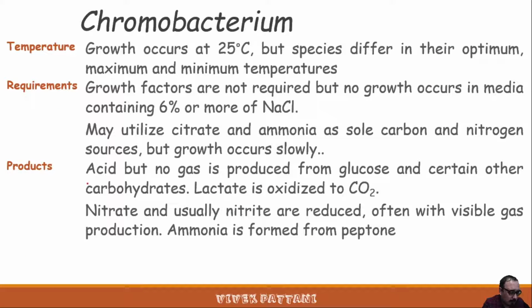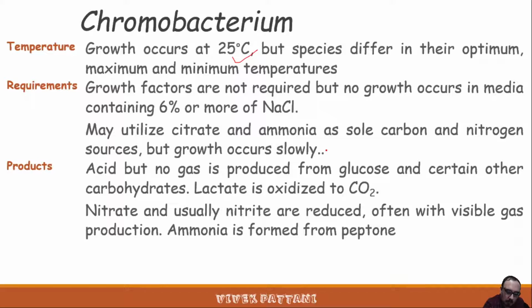Temperature requirement is around 25 degrees Celsius, but different species have their own optima, maximum and minimum temperature requirements. Growth factors are generally not required, and they may utilize citrate as carbon source and ammonia as nitrogen source, but growth is affected. They will grow slowly.